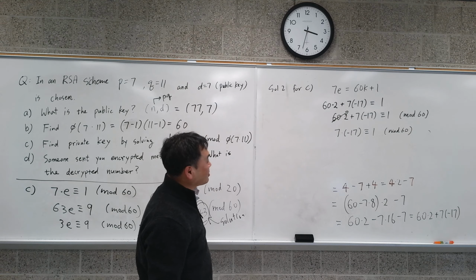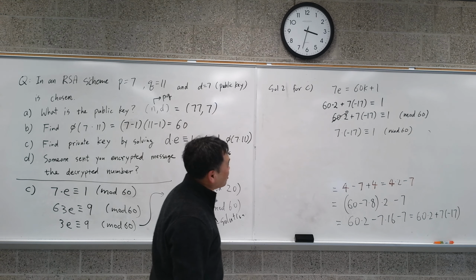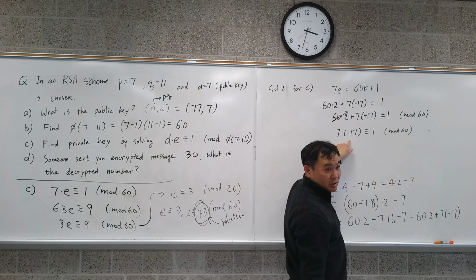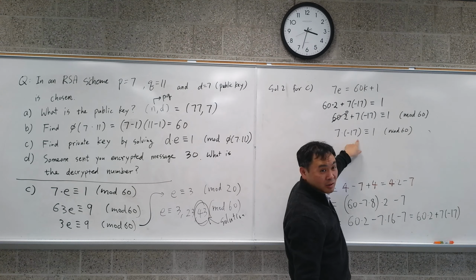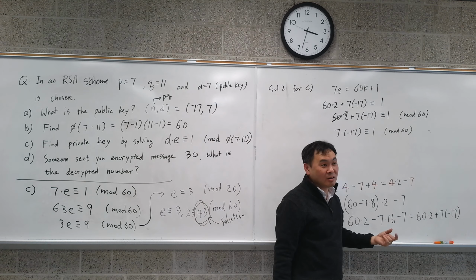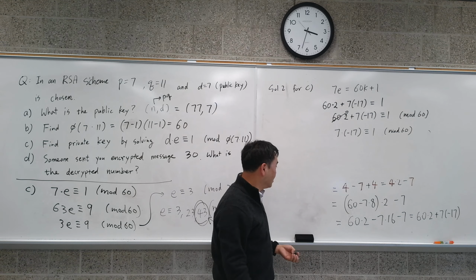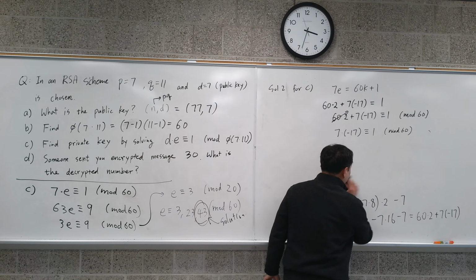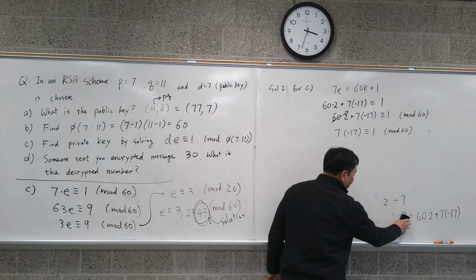So that's what you get, except that there's something that I still don't like: the fact that negative 17 is a negative number. How do you turn this into a positive number? Negative 17 is congruent to what in mod 60? In the mod 60 world, you're free to just add 60.